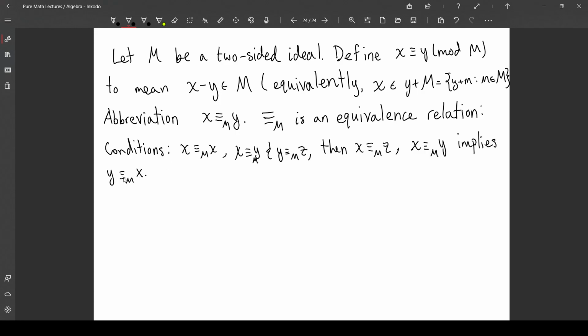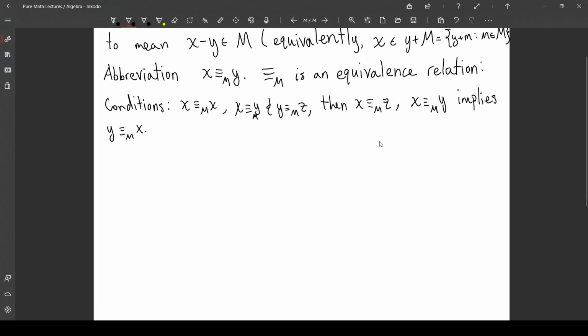And this is true because if x minus y is in M, then multiplying by -1, we get y minus x is in M. And also for transitivity, I didn't really say, but if x minus y is in M and y minus z is in M, the sum of those two things is x minus z. And ideals are closed under addition, so that shows that x is congruent to z.